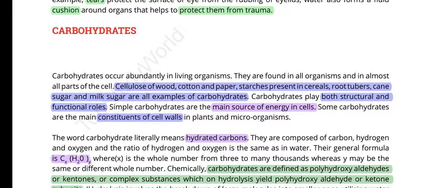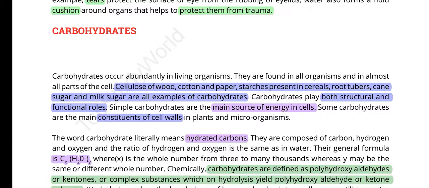The question will be like, what is present in the wood? The options may be cellulose, starch, or something else, and the answer will be cellulose. Carbohydrates play both structural and functional roles. What does it mean? The structural role means it forms the boundaries of the cells, like the cell membrane and the membranes of the organelles.